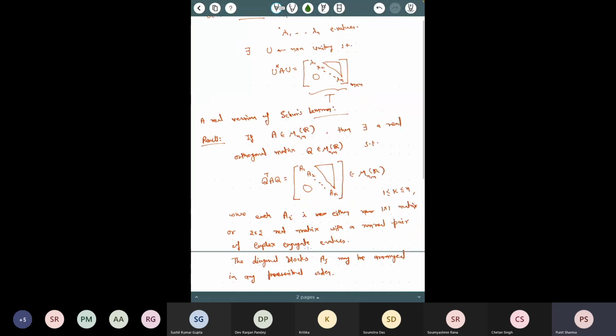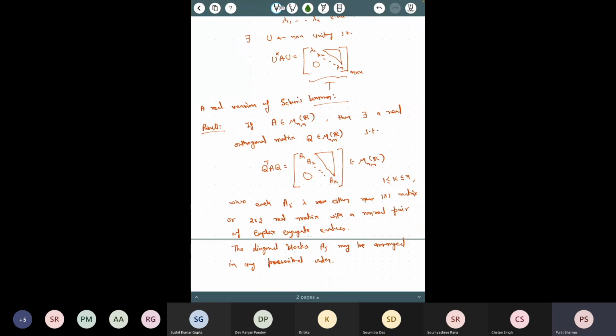Then this result says that there exists a real orthogonal matrix Q such that Q transpose AQ is block upper triangular. If all these blocks are of size 1, then it is actually an upper triangular matrix. But we cannot guarantee that.